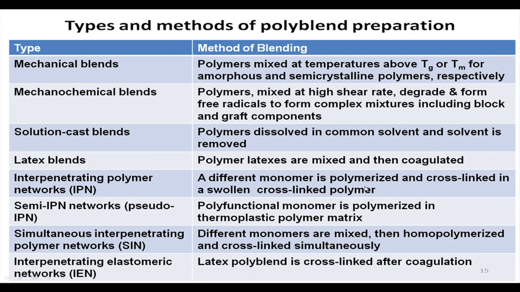This way, the product which is formed is known as an interpenetrating polymer network. There can also be a semi-interpenetrating network, or we can say a pseudo-interpenetrating network polymer.